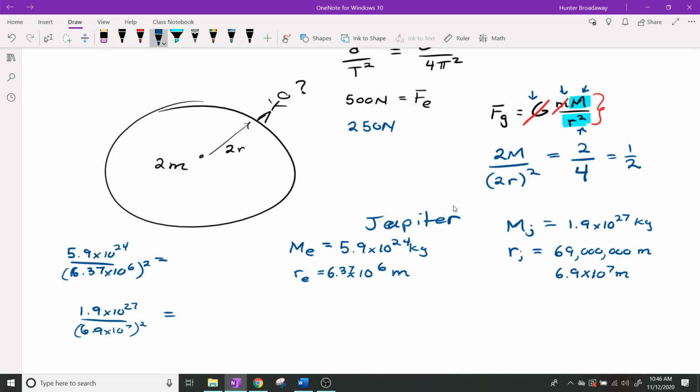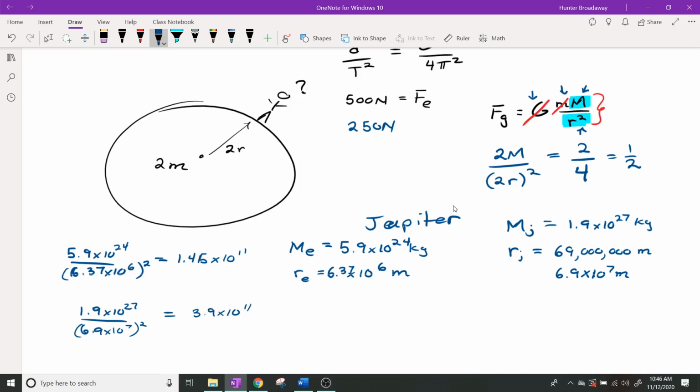So do we want to calculate the numbers out? Earth is 1.45 times 10 to the 11th. This may not be a very helpful ratio then. And then that one, 3.9.